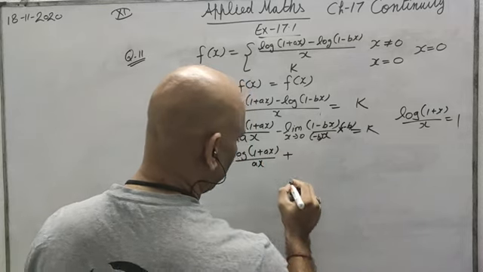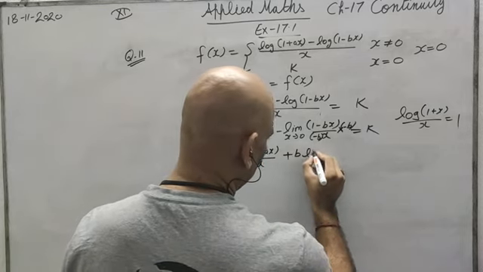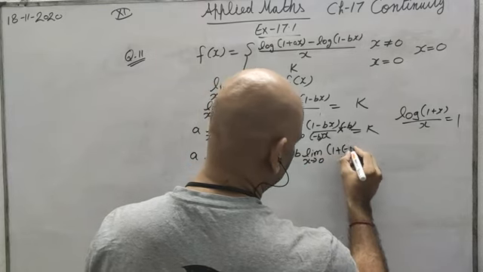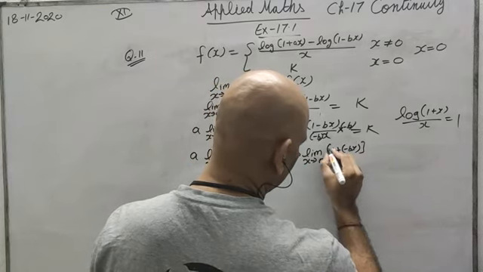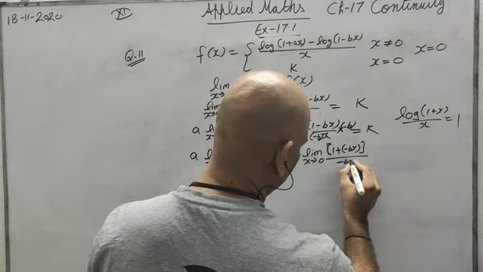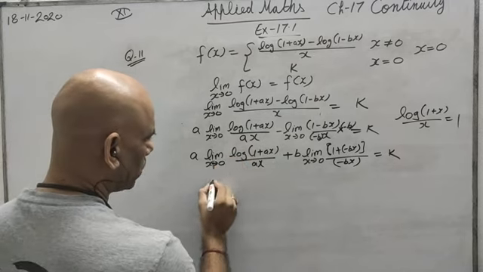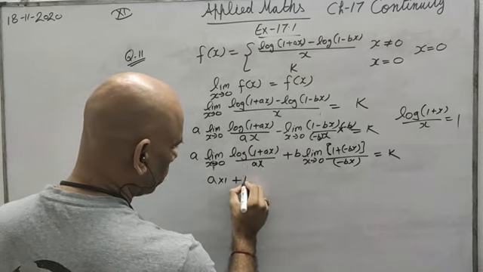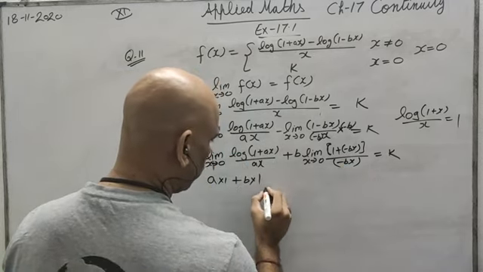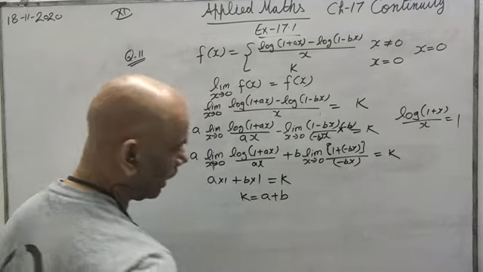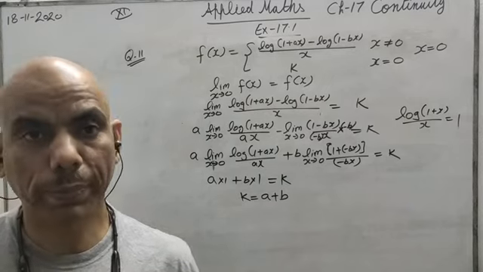That minus b will make it positive. b limit x tends to 0 log(1 plus minus bx) upon minus bx is equal to k. The value of this function will be 1. Similarly, the value of this function will also be 1, so in the end I am going to get k as a plus b.